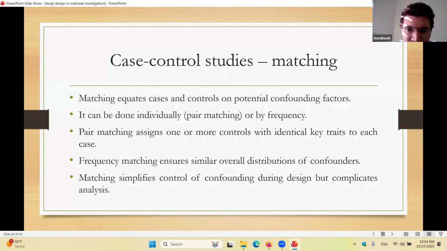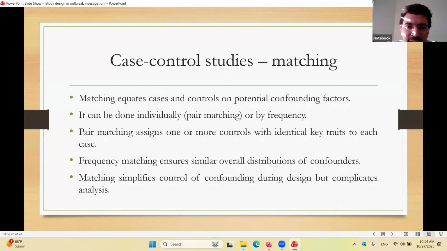Yes, let me give you an example. For example, you have two groups of cases and controls. The first case is a 30-year-old woman, so you choose a 30-year-old woman also for the control group to match these two individuals.